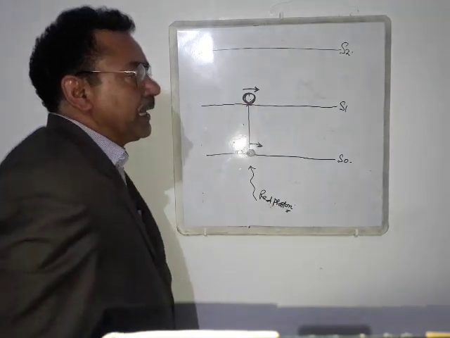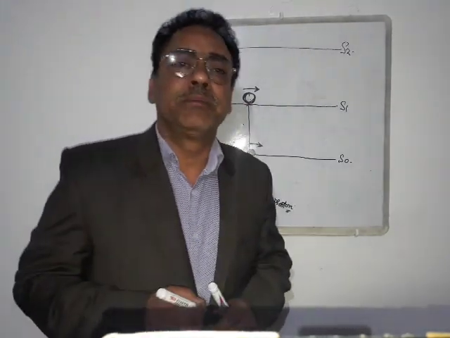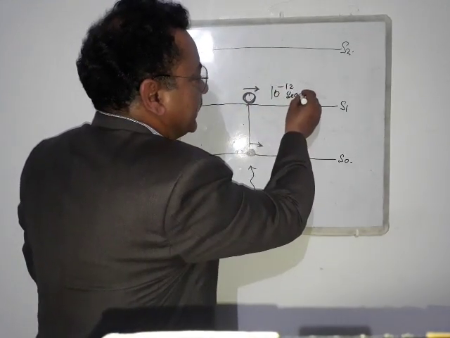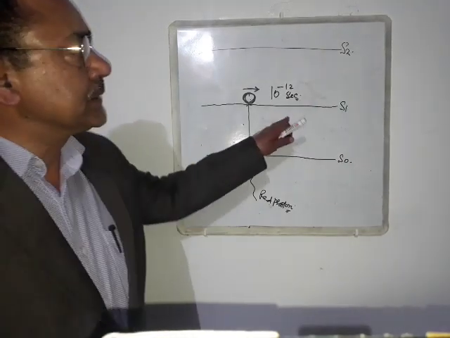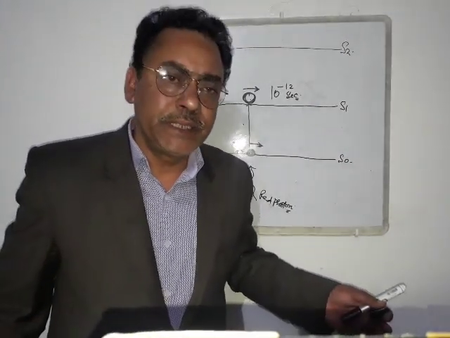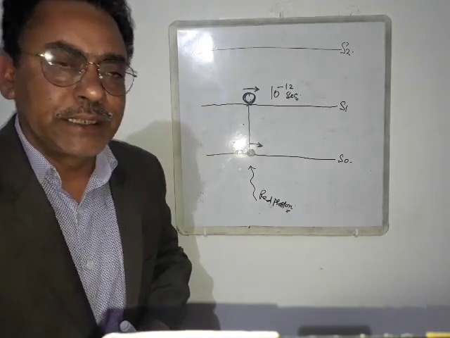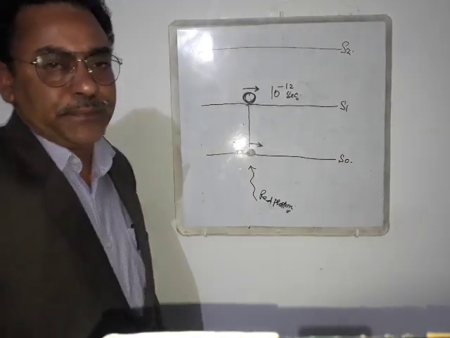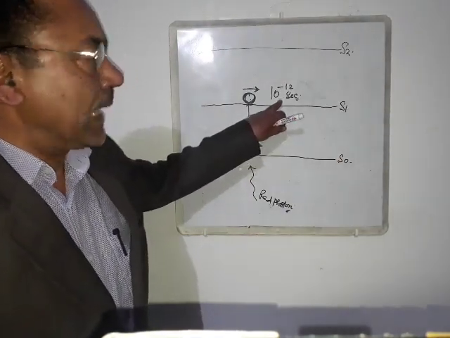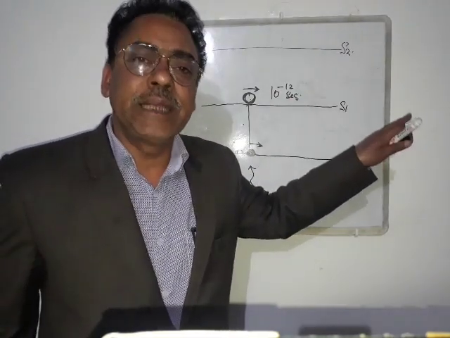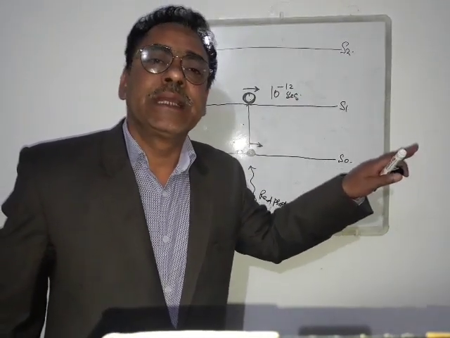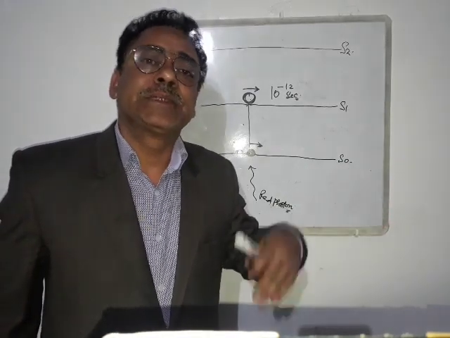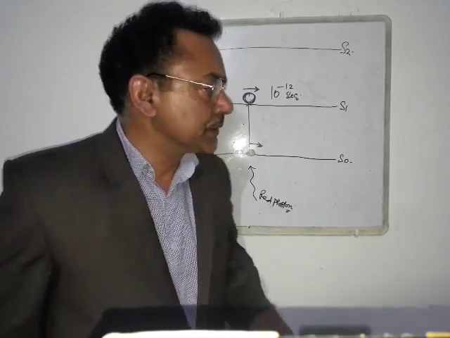Here it will remain for a period of 10 raised to power minus 12 seconds, because this is the half life of the first excited singlet state. If an electron acceptor is present at S1, the excited electron will be captured by the electron acceptor, and we will say the energy of the photon has been fixed into the reactions of photosynthesis.